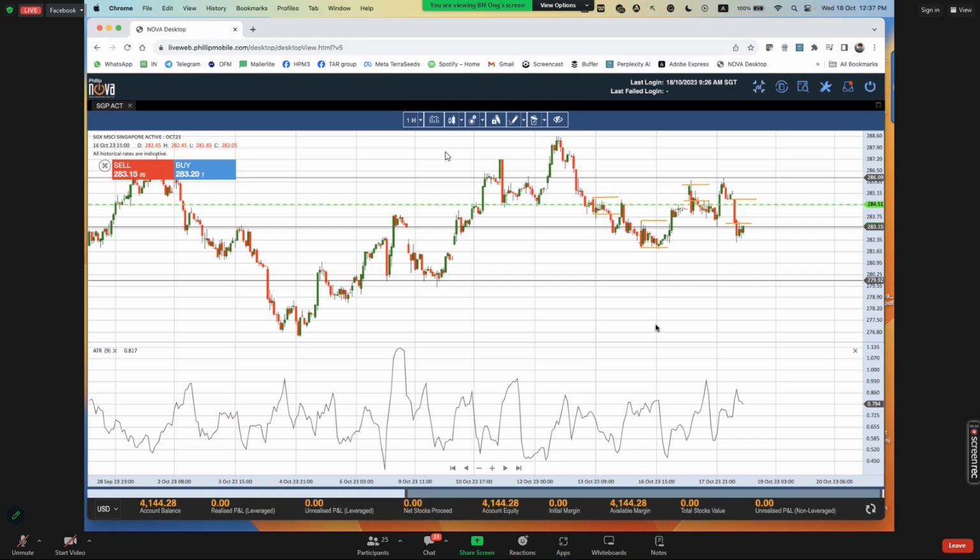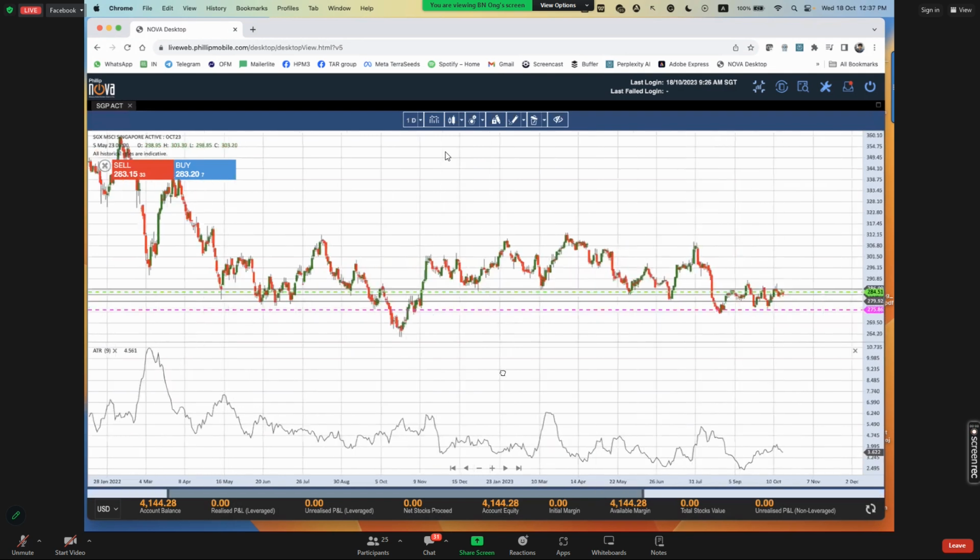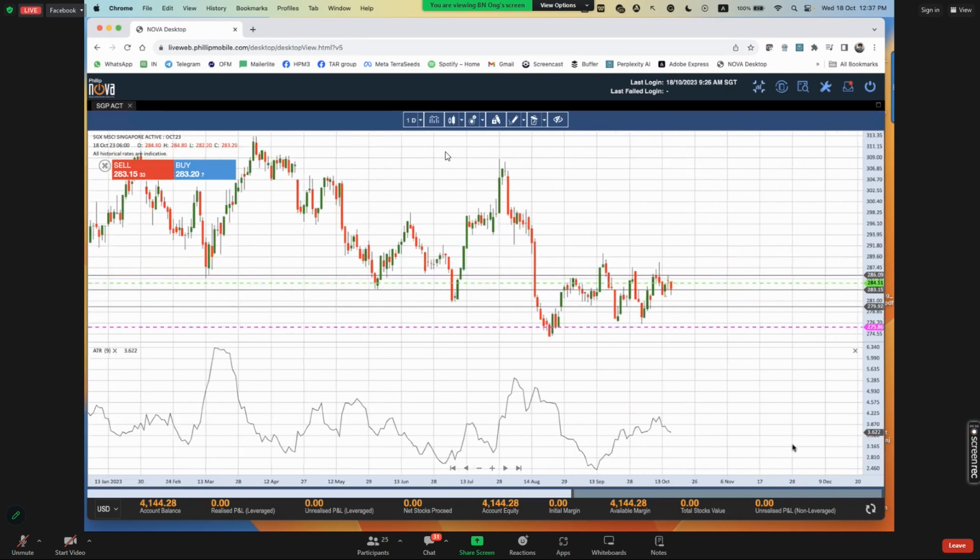Gary, this is the TP: sum of the past 9 days ranges divided by 9. If you go inside the 1 day chart, the ATR is already there at 3.6.